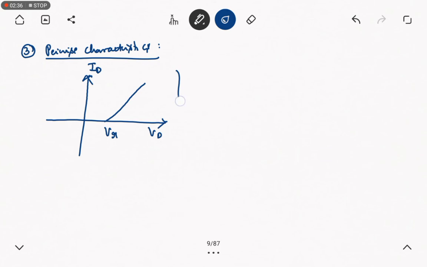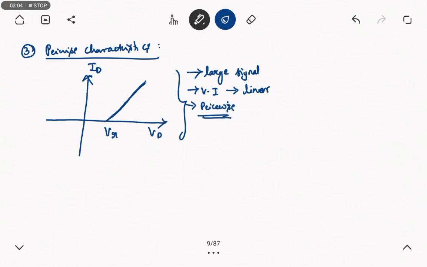Piecewise linear characteristics are applicable for large signal. Logarithmic was applicable for small signal analysis. Here the VI characteristic of the diode is almost linear, and since it is linear, it is termed with the word piecewise. So it is gradually increasing.